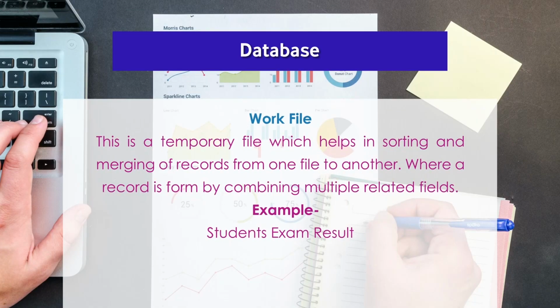And a work file is a temporary file on which different kinds of sorting, merging and other information processing take place, and records are manipulated in that work file, and then stored. There may be several examinations related to student registration, fee management, different examination related activities, result processing and then publishing a final result.